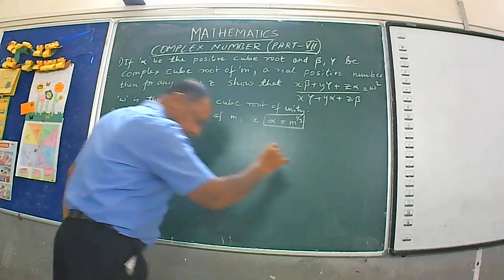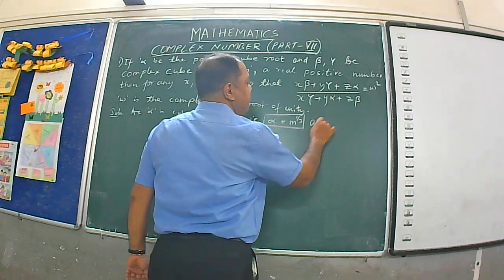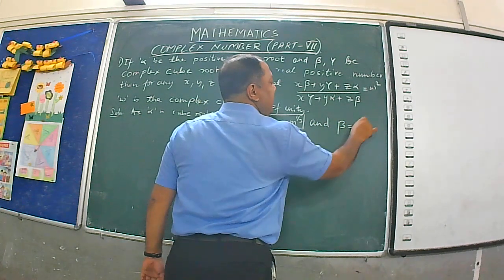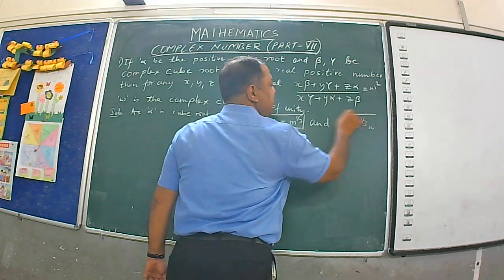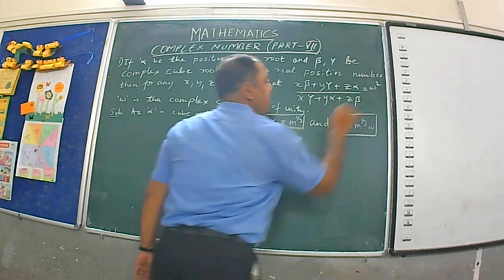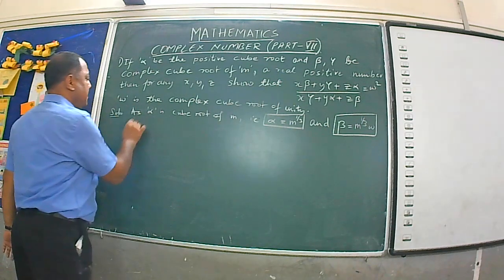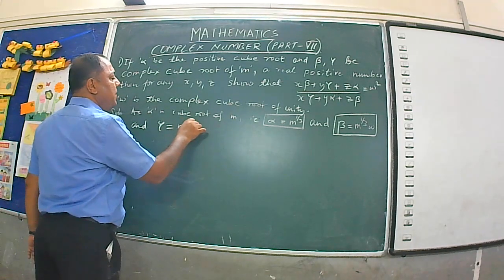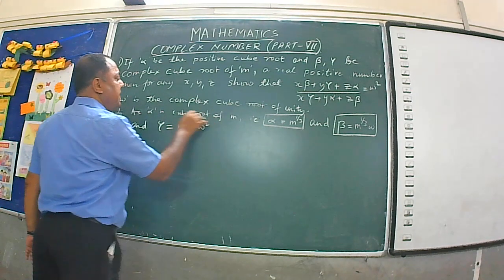and beta is equal to m one third omega, and gamma is m one third omega squared.